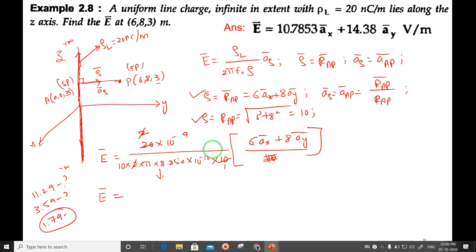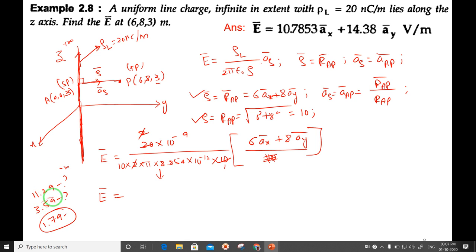Let me calculate once again. Nano means 10 power minus 9 only. 2 into pi, this 10 I have taken here. Others, please, only one has responded. 3.59, sir.